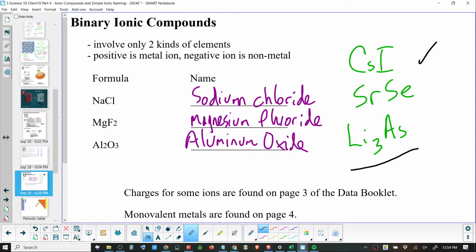So when he talks about iocane powder, it has to be an arsenic compound because it's one of the few things that has that kind of property. So this would be lithium arsenide. When it's a non-metal, what's the rule? Ide. You change the last one to be ide. And nobody did any ates or ites. I was expecting at least one.